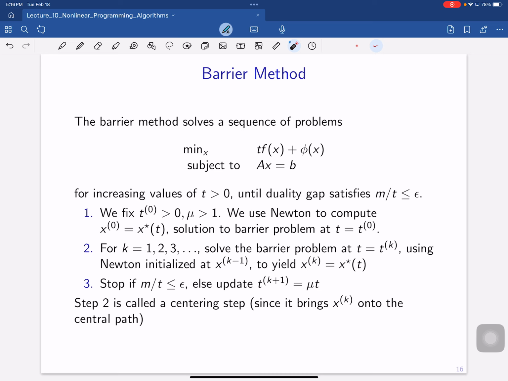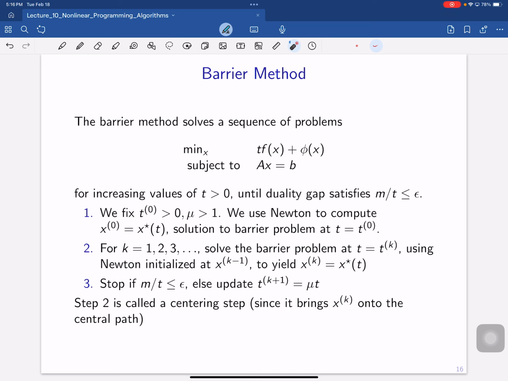The idea is you start from some small value of t, and then if your gap is less than or equal to epsilon, the threshold you set, then you can stop. Otherwise, you can increase this number t, right? As t increases, it will converge to the original problem, right?